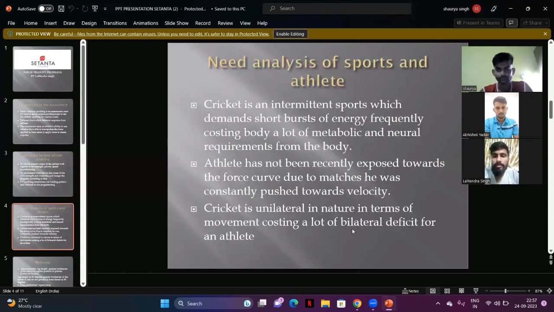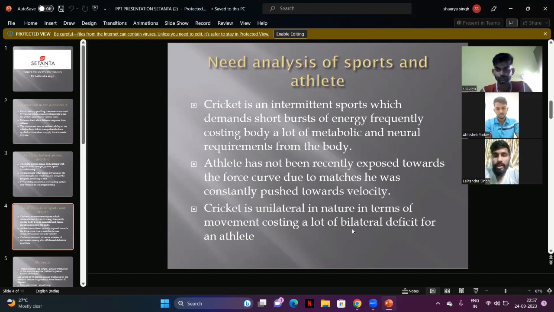We have talked about the force velocity up till now, but it will be of no use if we don't understand the sport and the athlete. Understanding the athlete and the sport is the major thing while applying any tool in the field of performance coaching.